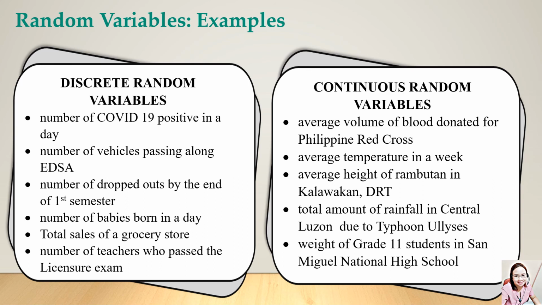As you can see, sa mga example natin ng continuous random variables, ang mga data dito ay hindi countable. The data for continuous random variables are measurable and not countable.